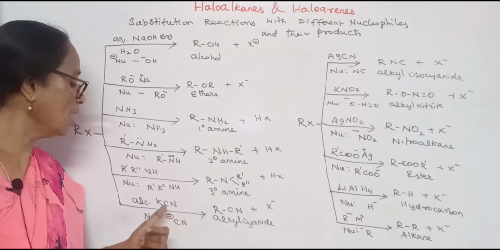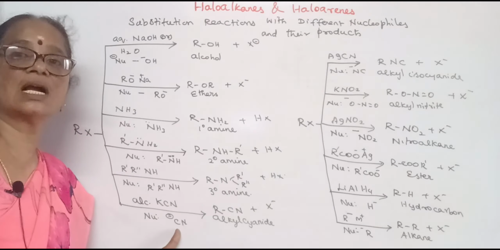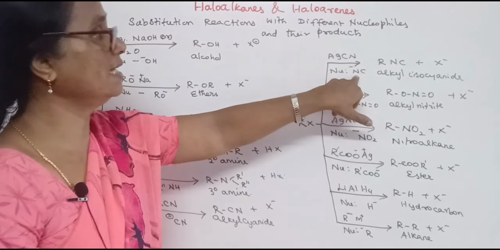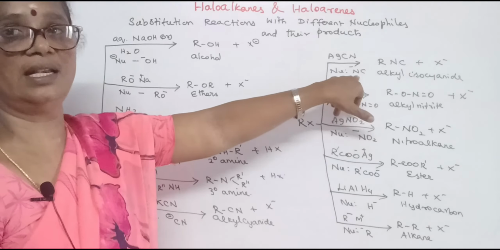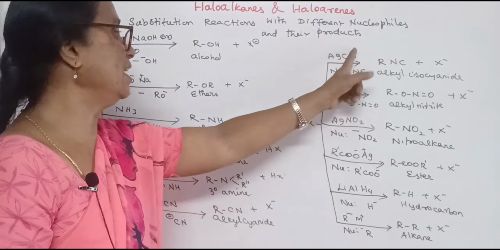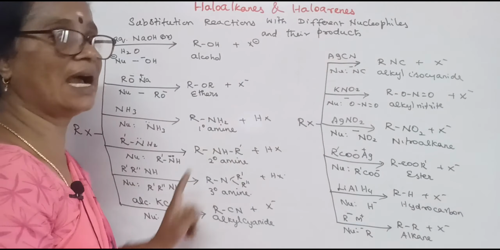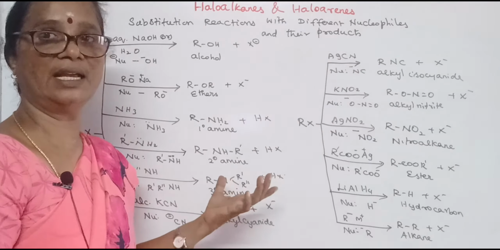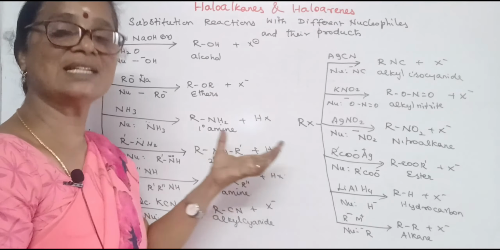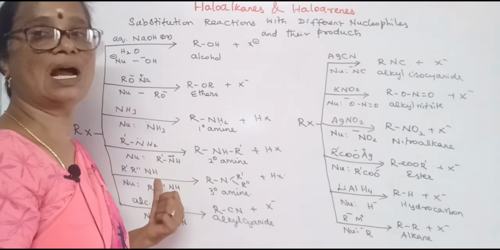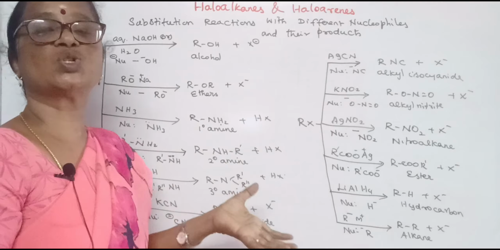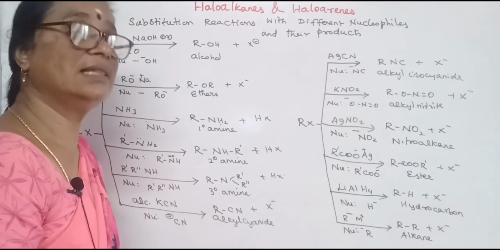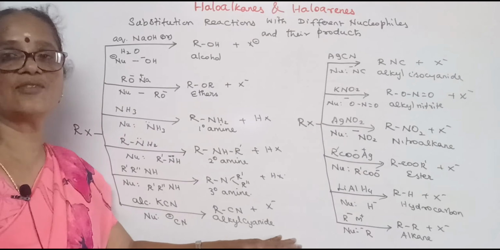In cyanide, in one case it behaves as the carbon carrying the negative charge, but in the other case nitrogen carries the negative charge. So due to the difference in ionic character of potassium cyanide and silver cyanide, the bond between the nucleophile and carbon becomes stronger. So whichever bond becomes stronger, that is preferred for the formation of the compound.